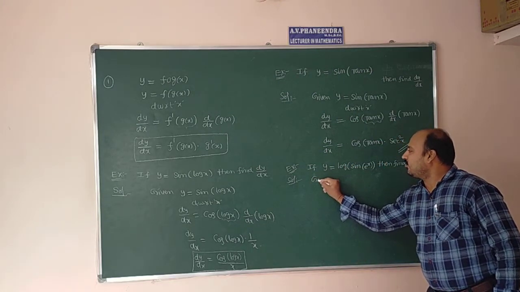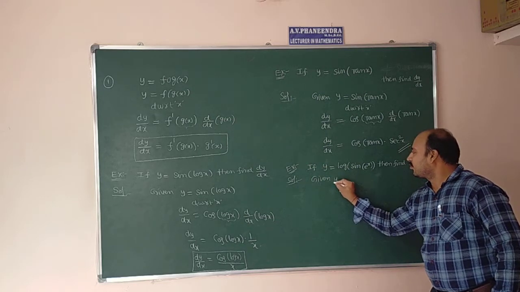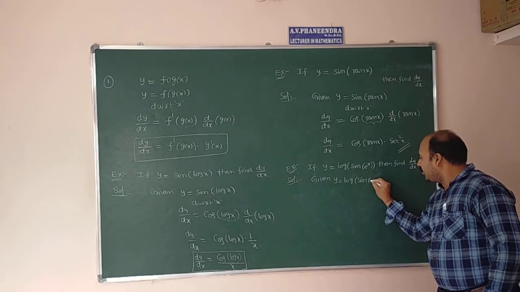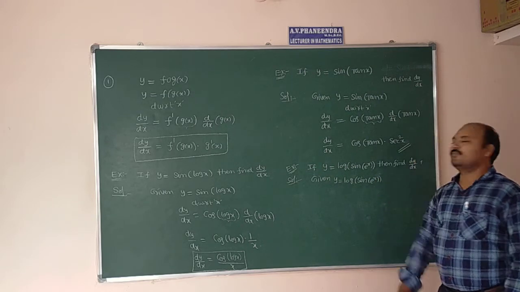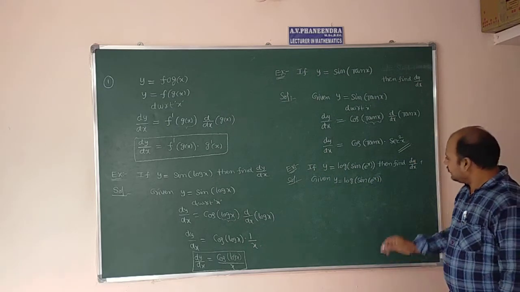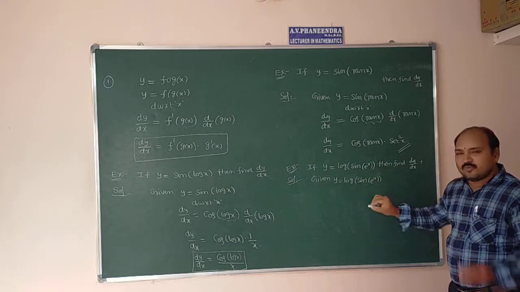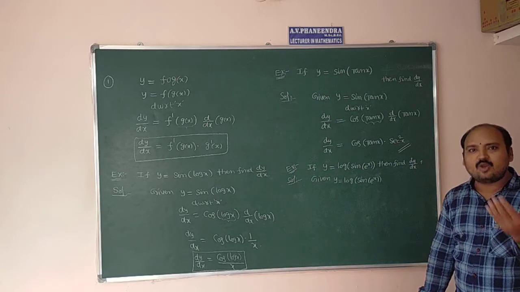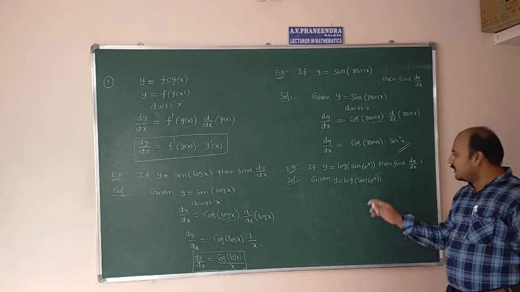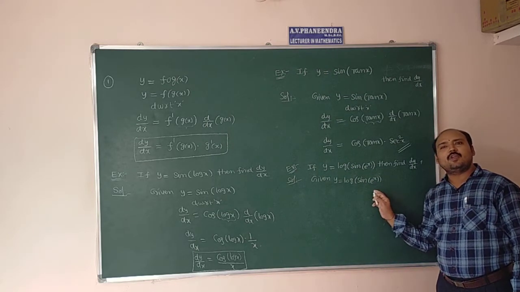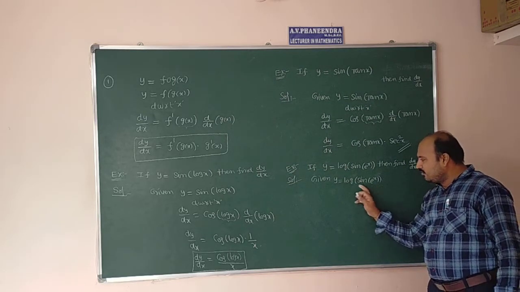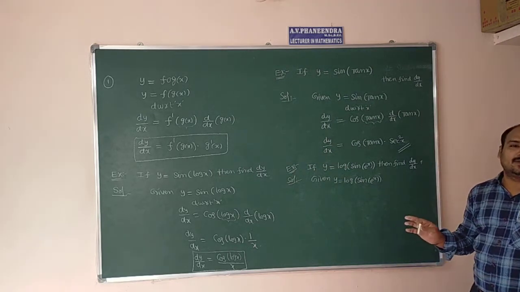First, given y is equal to log of sine of e power x. This complete sine of e power x we can assume as x. So d by dx of log x is what? 1 by x. So it becomes 1 by sine of e power x. After that, what we have to do? Whatever the involving function, that we have to differentiate.